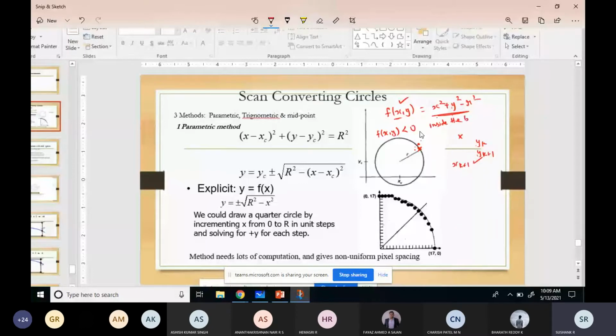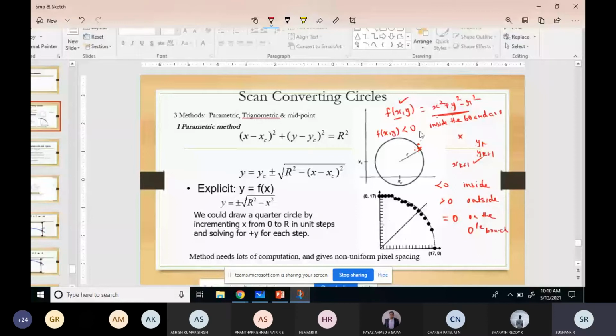Greater than 0 means outside the boundary, and equal to 0 means on the circle boundary.